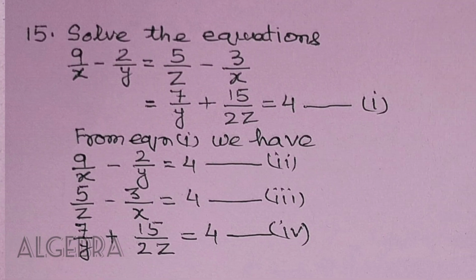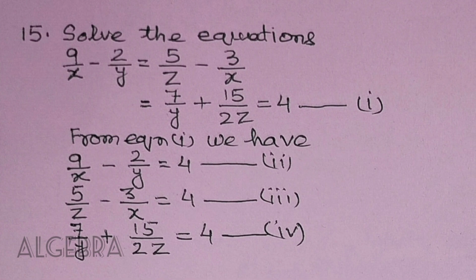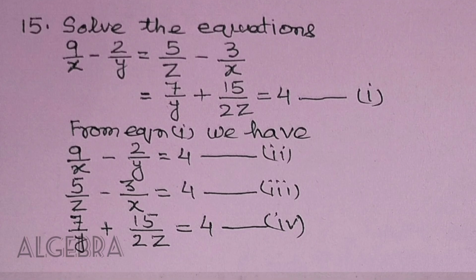15. Solve the equations: 9/x - 2/y = 5/z - 3/x = 7/y + 15/2z = 4. Equation 1. From equation 1, we have 9/x - 2/y = 4, equation 2. 5/z - 3/x = 4, equation 3. 7/y + 15/2z = 4, equation 4.